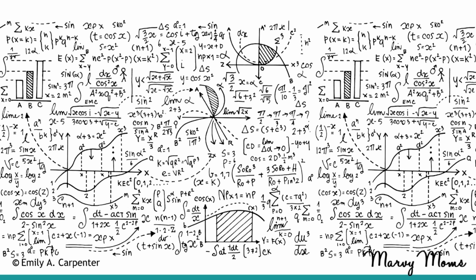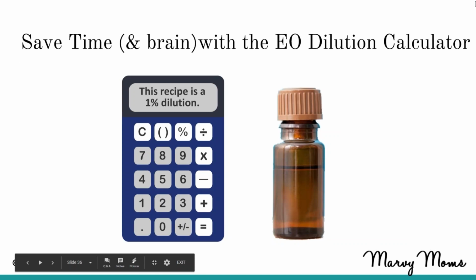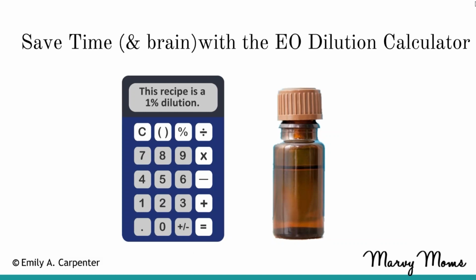People would ask questions online, which I noticed in the Facebook groups, about how many drops to put in if they want this dilution or that dilution. So I thought there must be an easier way, and I came up with the essential oil dilution calculator to save time and my brain.